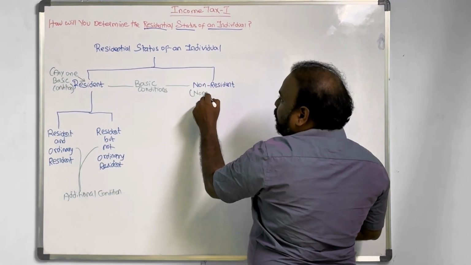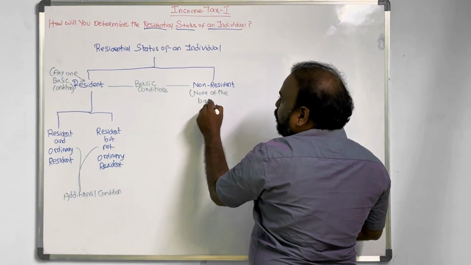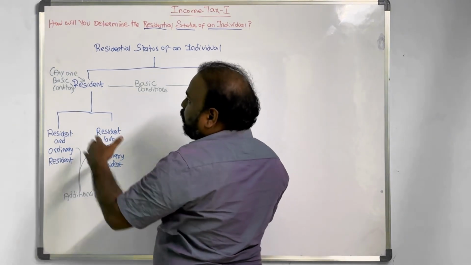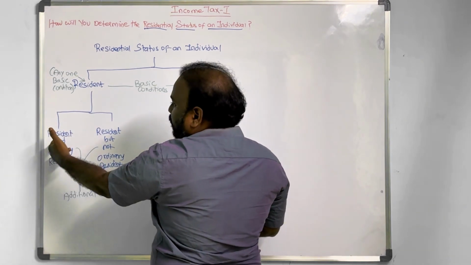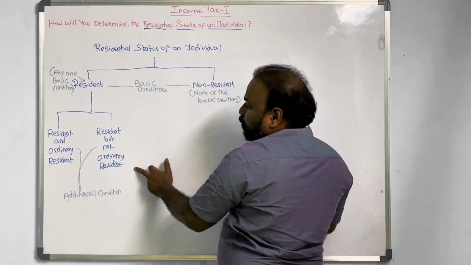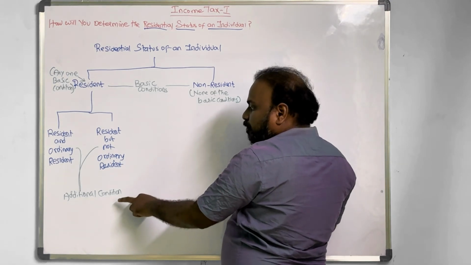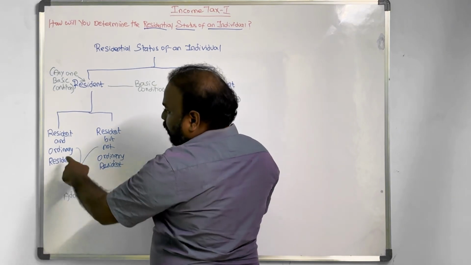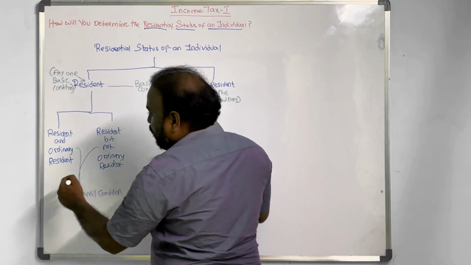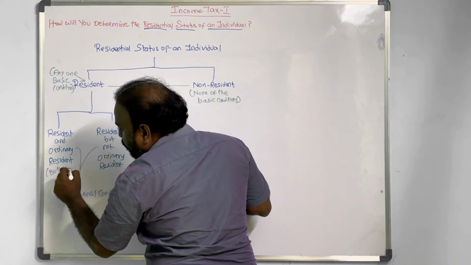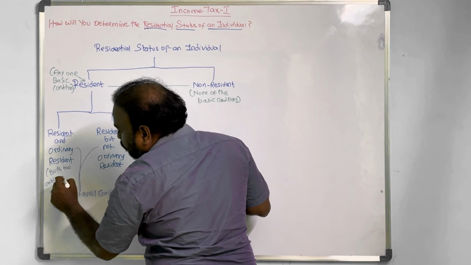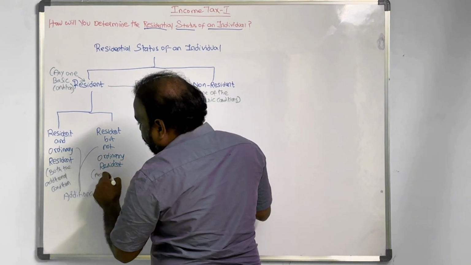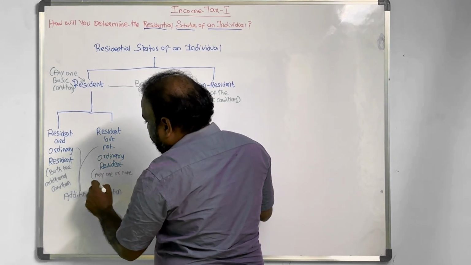If none of the basic conditions are satisfied, he is called a non-resident. Once we find a person is a resident, we check resident and ordinary resident, or resident but not ordinary resident, with the help of the additional conditions. To be resident but not ordinary resident, you should satisfy both the additional conditions. Here, any one or none of the additional conditions.